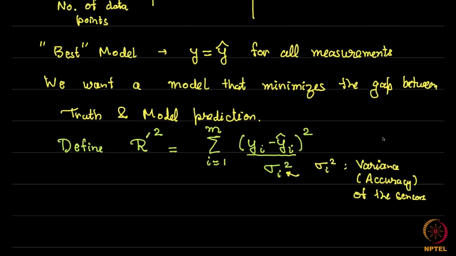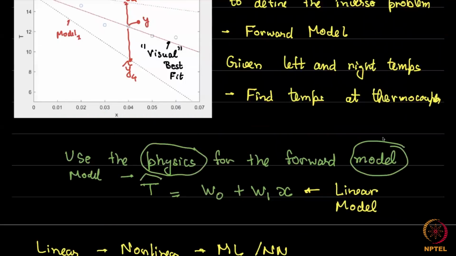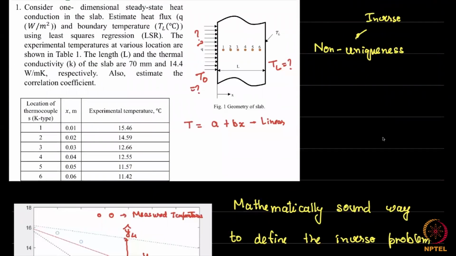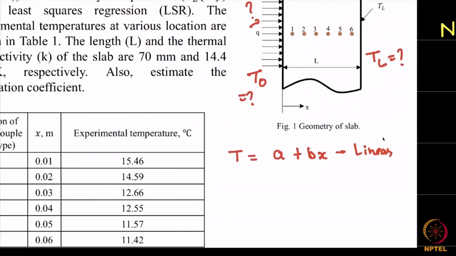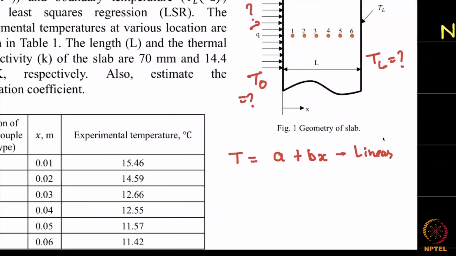So going back to our example, we made these 6 measurements at these 6 points. Now, some of these sensors might be old, some of these might be new, some might be more modern, some might be more expensive, so on and so forth. So each one of these would have a different accuracy. So in general, each could have an error within it as sigma 1, sigma 2, up to sigma 6.